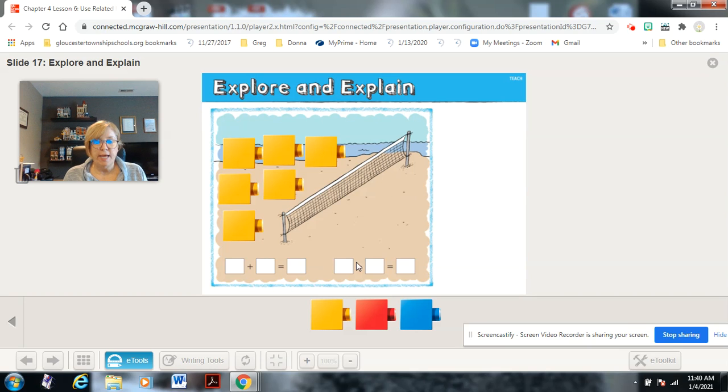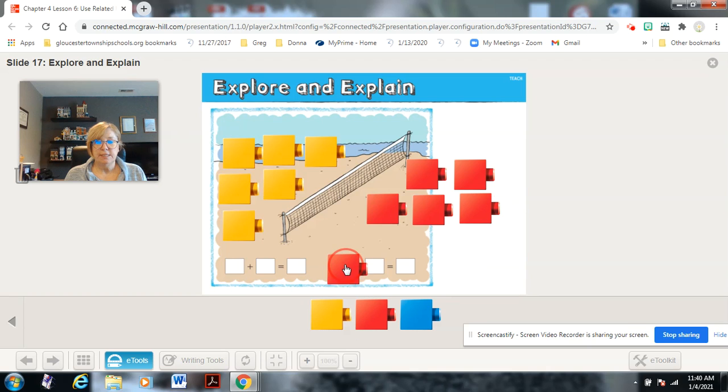You can lay these on your book if you like. So 3, 4, 5, 6, 7. This is where it gets a little funny with the computer. 8. The program doesn't like to have the cubes too close to the bottom. Okay, so now I have 8.